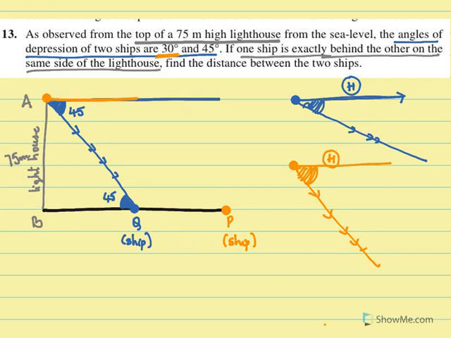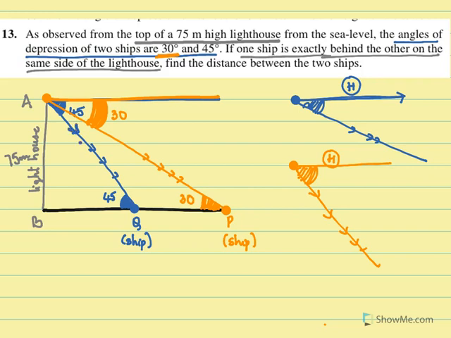So here is a horizontal, and now I have to draw my line of sight. I'm looking at this ship P now. So the angle of depression will be between the horizontal and the line of sight. This angle is 30. Now if this is 30, you definitely agree this angle is also 30 by alternate angles. So this is how I got my figure.